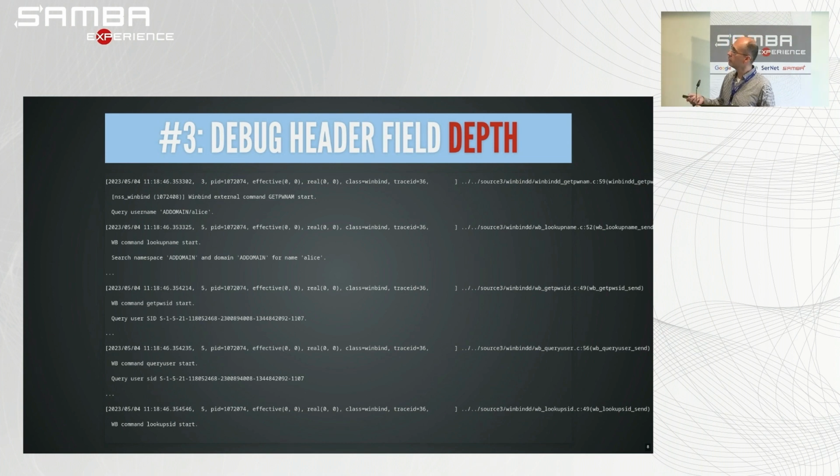It means we have some initial command, it triggers a subcommand, and that subcommand can trigger another subcommand, and the nesting is really big. For example, I would like to know who actually triggered this lookup sit start. Was it this one, this one, this one, or this one? I don't know. The only answer is to open all these source files, look there, and see who was actually doing that.